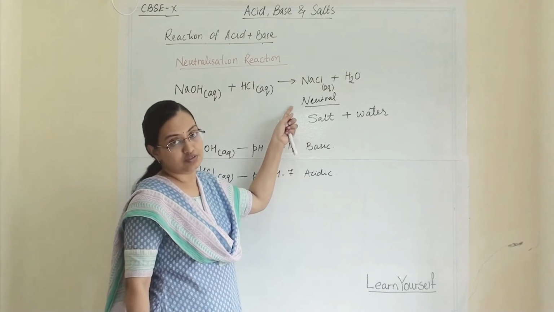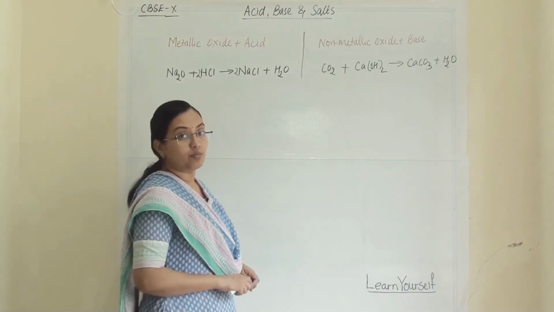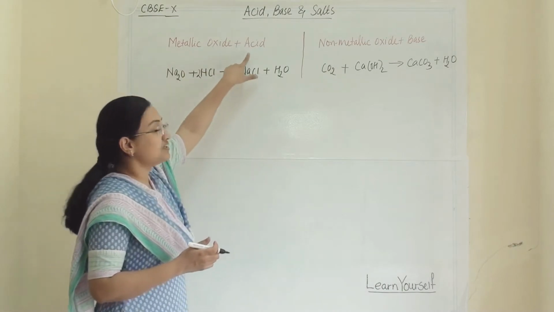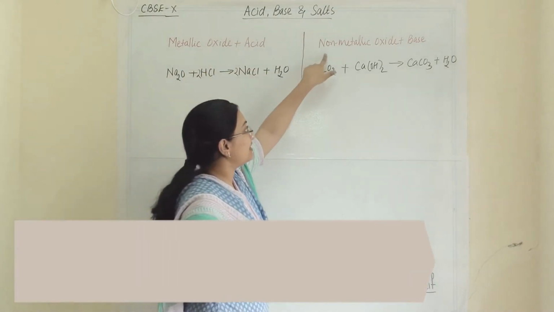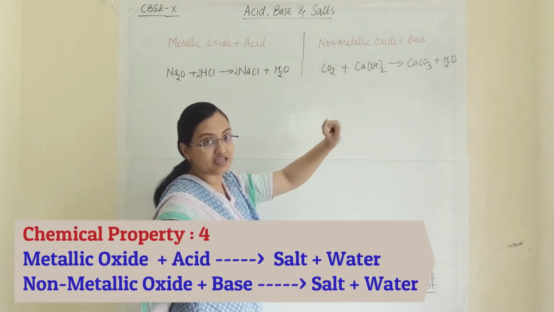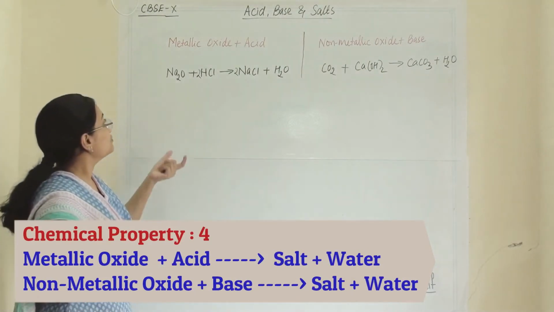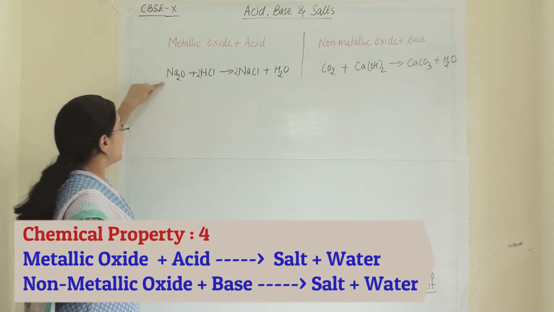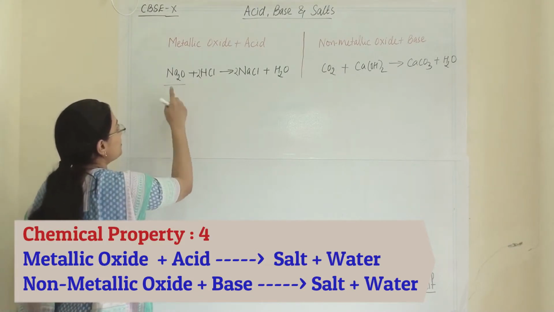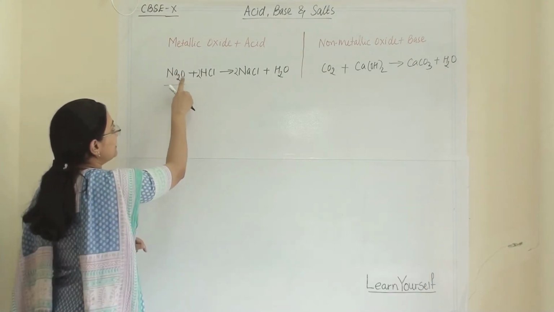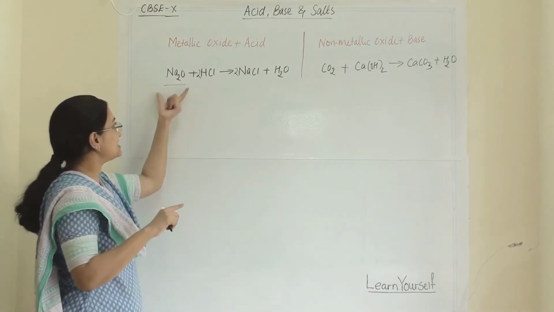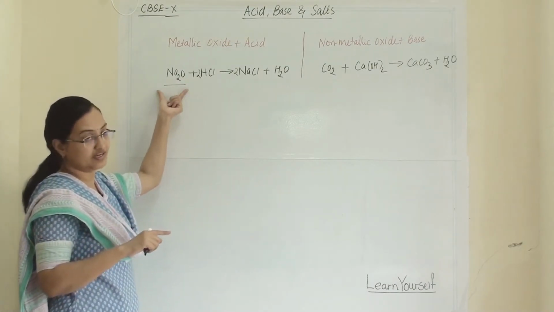Under this chemical property, the metallic oxide's reaction with acid and non-metallic oxide's reaction with base we are going to study. So in this, the metallic oxide, I have taken here sodium oxide. Sodium is a metal, and when oxygen reacts with a metal, it is termed a metallic oxide.